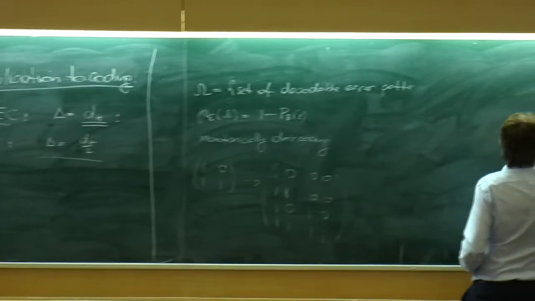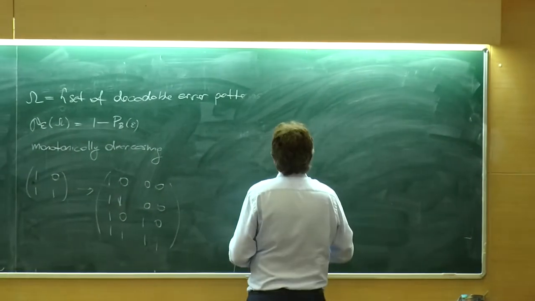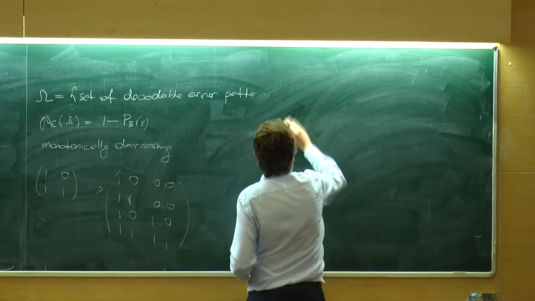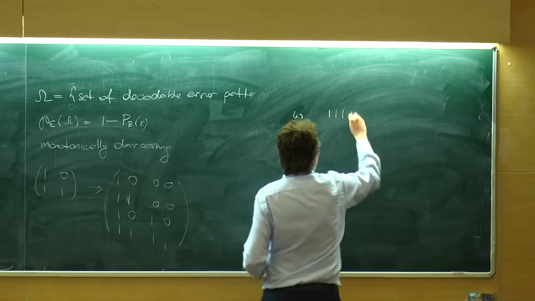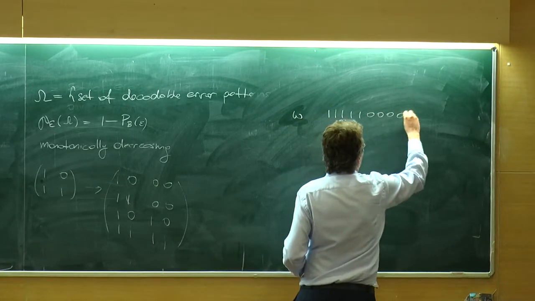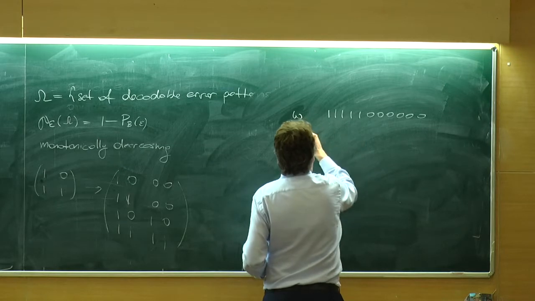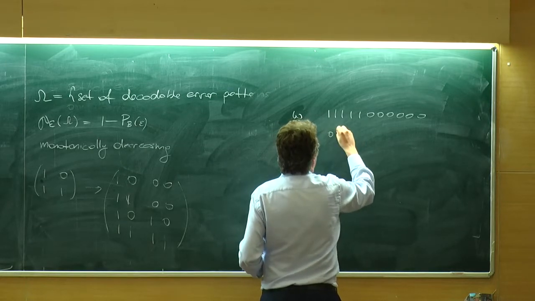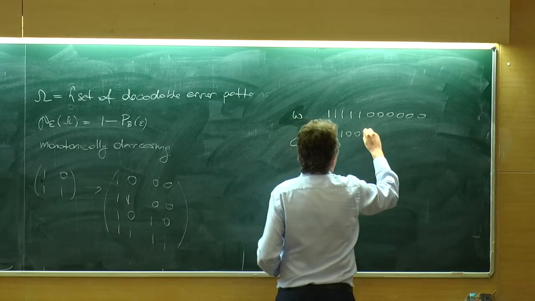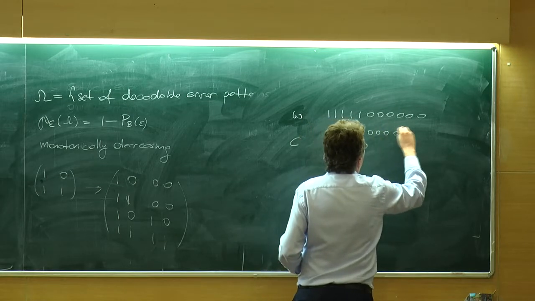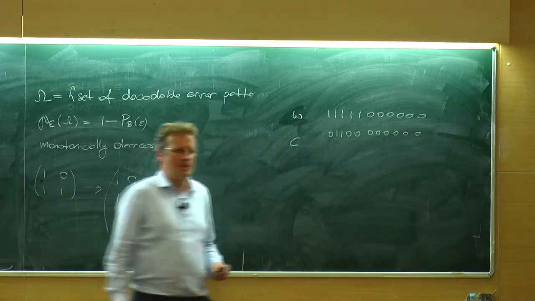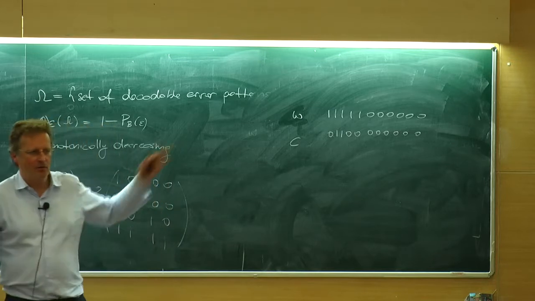you cannot decode if you have a pattern, and so if there was ever a code word C that was covered, then this means there was another code word here and you couldn't decode.